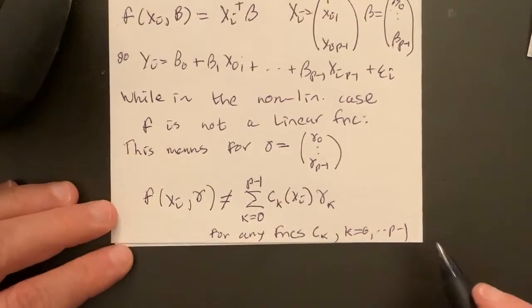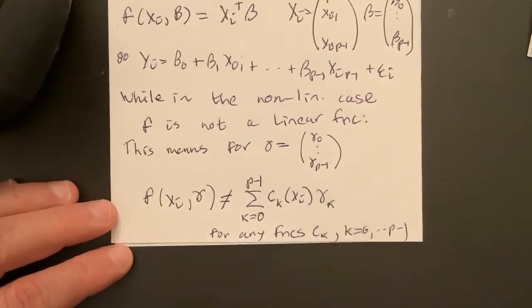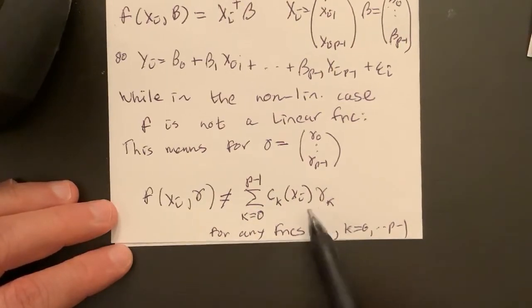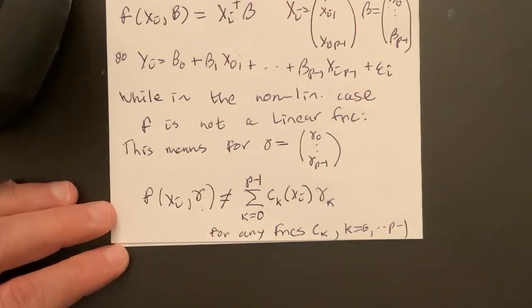In other words, I can't write this as a linear combination of the gammas. So it's something else. So we should probably look at examples.